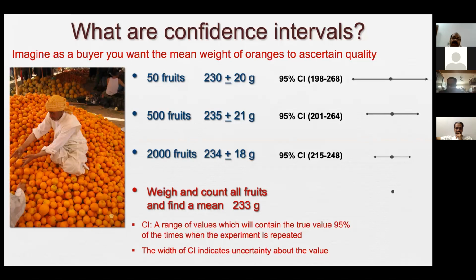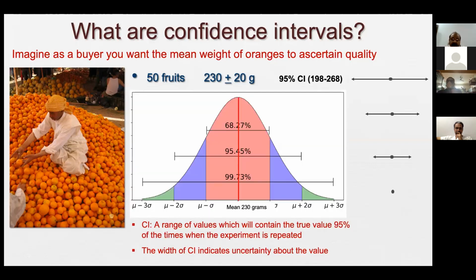Of course, if you want an absolutely correct estimate, then you have to measure and count every fruit, and that will give you a true estimate of the mean, unless you fail in the count. So the confidence interval is a range of values which will contain the true value 95% of the time when the experiment is repeated. And the width of the confidence interval indicates uncertainty about that value.